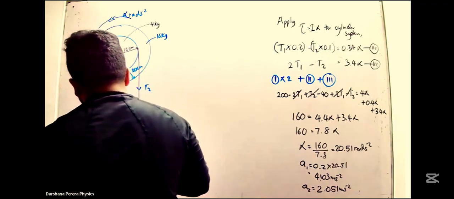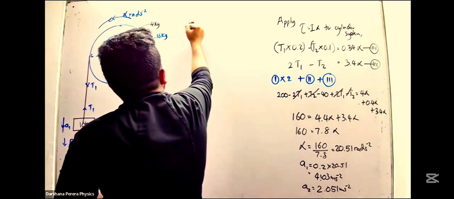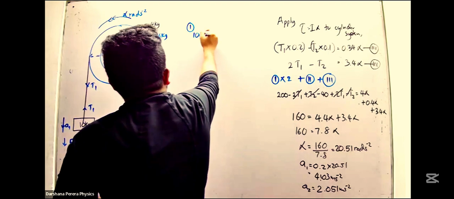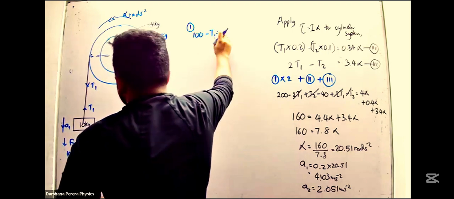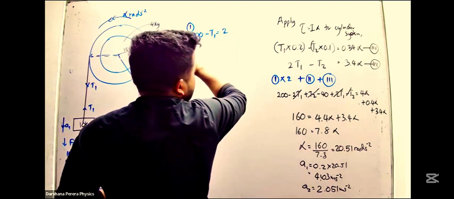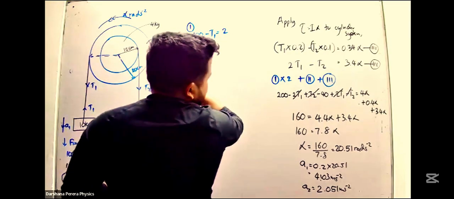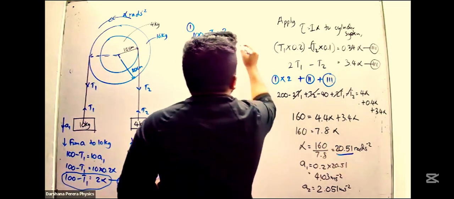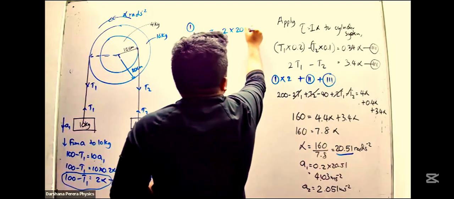From number 1, 100 minus T1 equals 2 into alpha, which means 20.51.